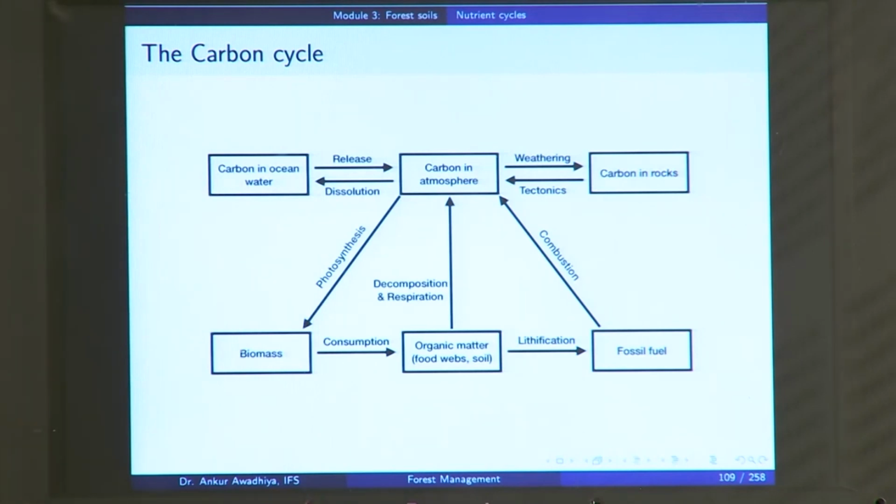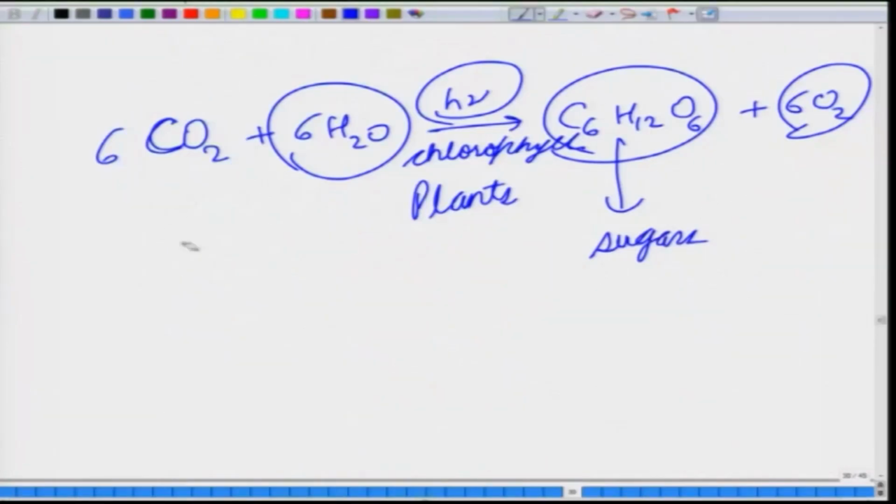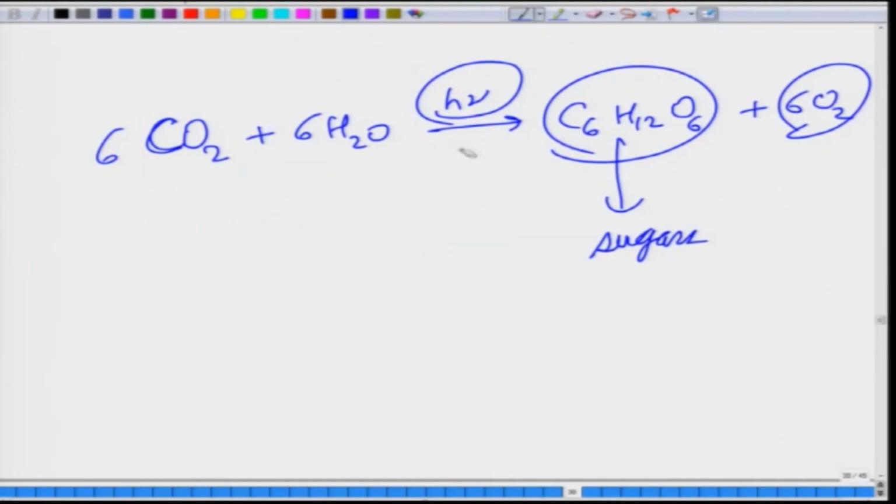back into the atmosphere. Now, at the same time, all the living entities are also doing respiration. In the process of respiration, these sugars are getting burnt down using oxygen in the air, and carbon dioxide is released back. Respiration happens in plants and also in animals. Respiration is just the opposite of photosynthesis.